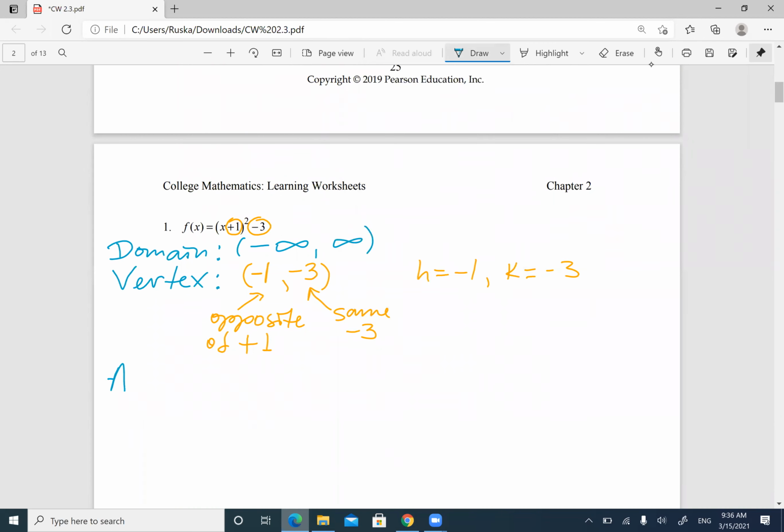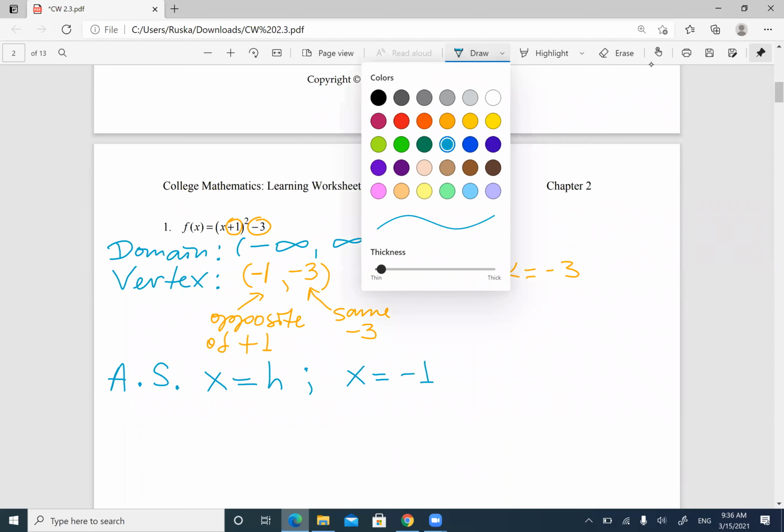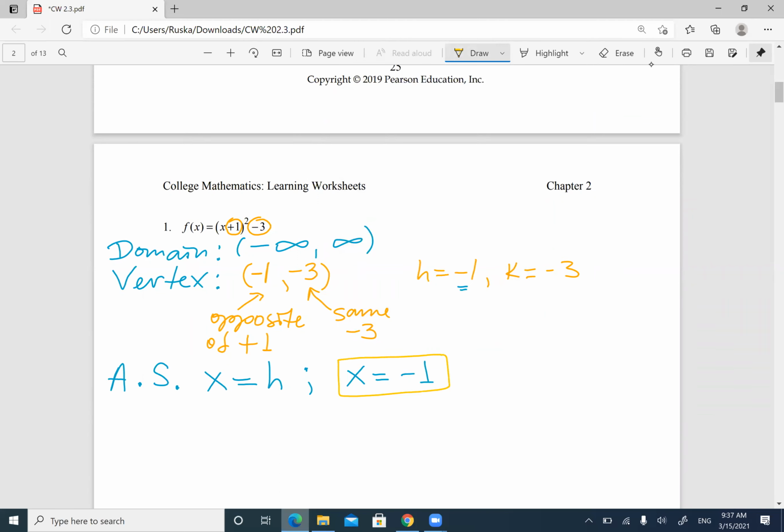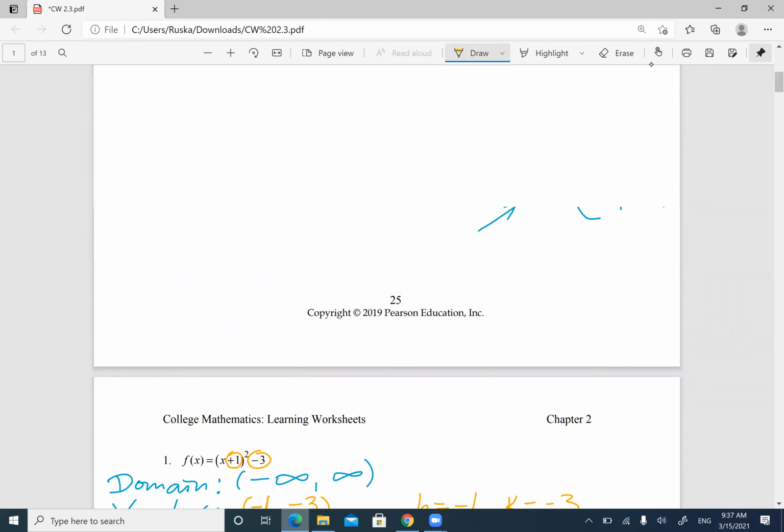So the axis of symmetry is going to be x equals h. That's the formula. Right? And in this case, h was -1. So I'm just going to have x equals -1. That's my answer. That's it. x equals -1. Okay, we got the axis of symmetry.